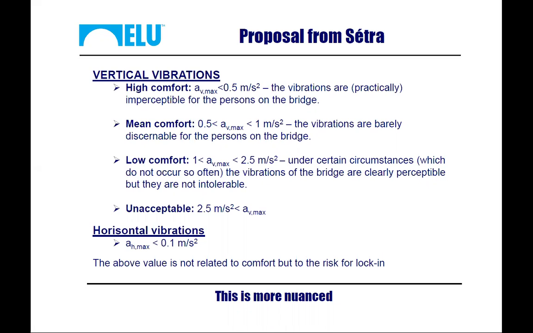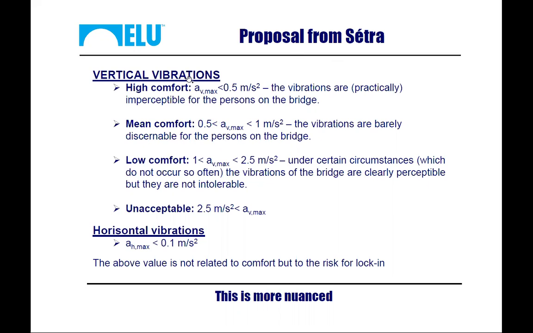If the vibrations are higher, then people will start panicking. The motion of the bridge is too high. It's not anymore a question of comfort. It's a question of people fearing that the bridge will collapse, and they will panic. So this is absolutely unacceptable. Up to this value of 2.5 meter per square second, we have 3 different thresholds defining 3 different degrees of comfort: high, mean, and low.